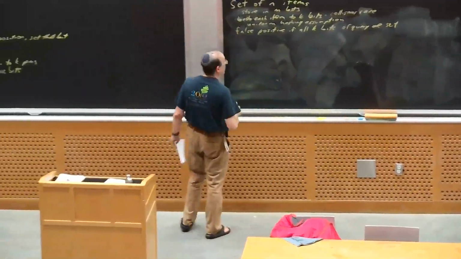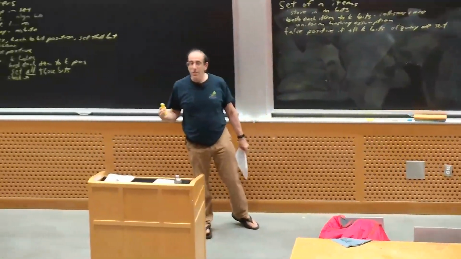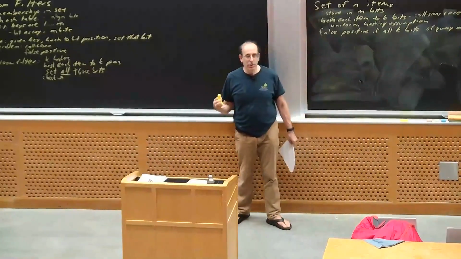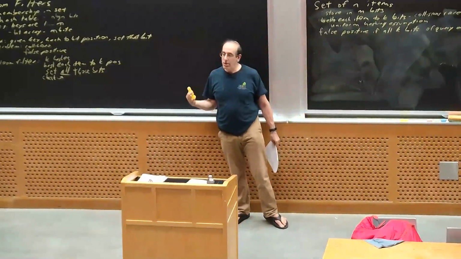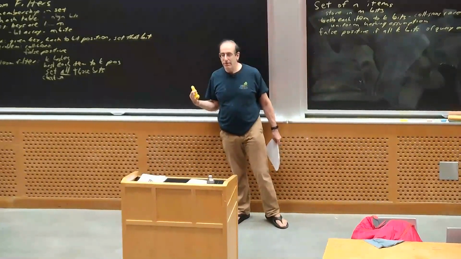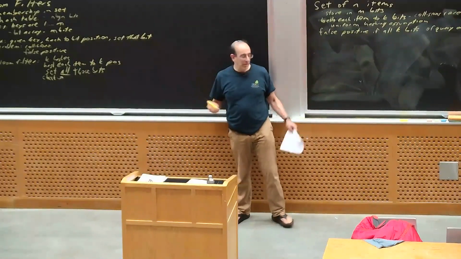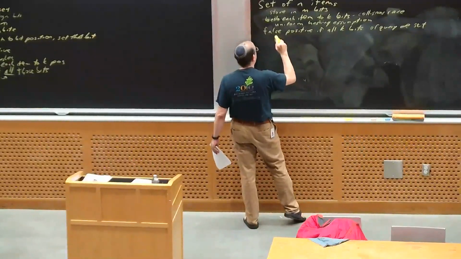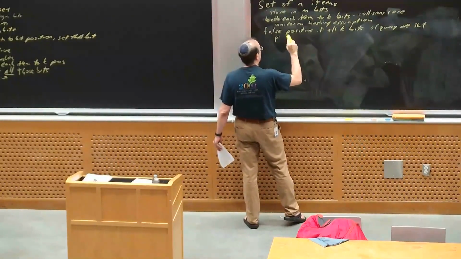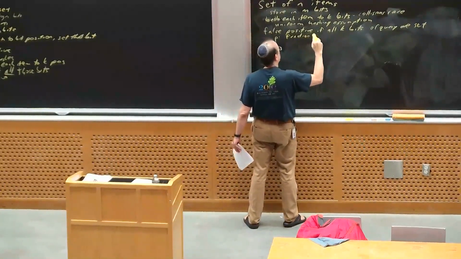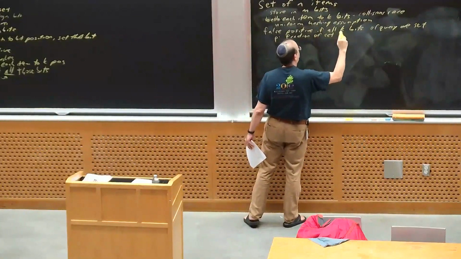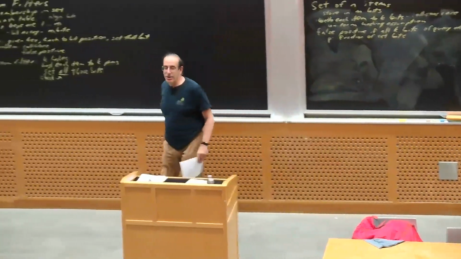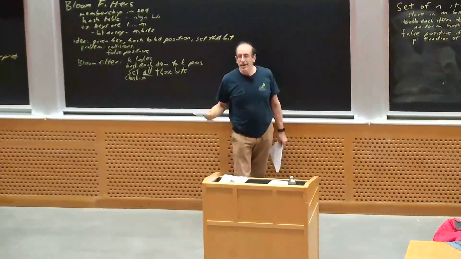And so the question is, in order to understand the probability that all of our k bits that we check are set, we need to know how many bits are set, right? What we really want to know is what is p, right? The fraction of set bits.